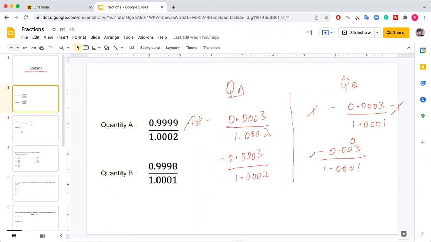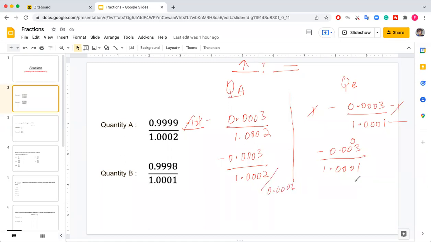Whatever you do, addition or subtraction, on this side, you have to do the same on the other side. I subtracted 1 here, likewise I also subtracted 1 on the other side. Okay, so now we can divide by 0.0003 on both sides.